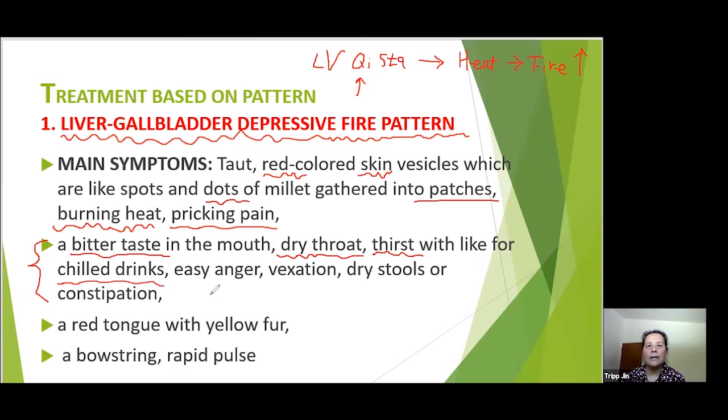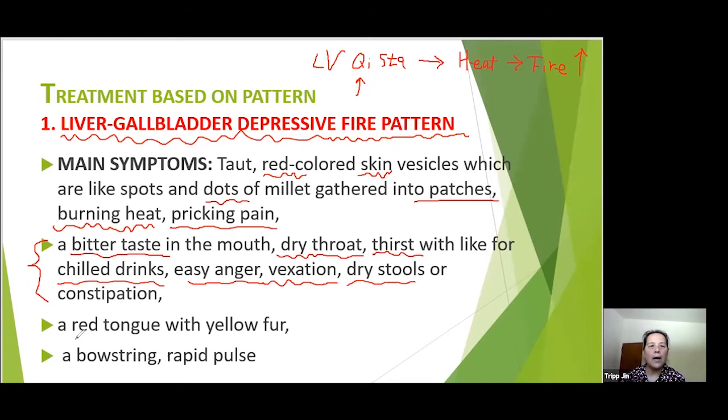The heat inside makes patients easily angry and irritable. And also scanty, yellow, dark urination, and dry stool, constipation. So those are the pattern symptoms.